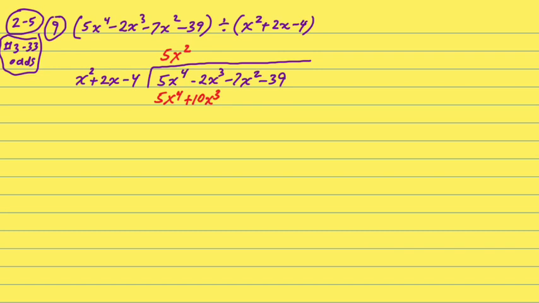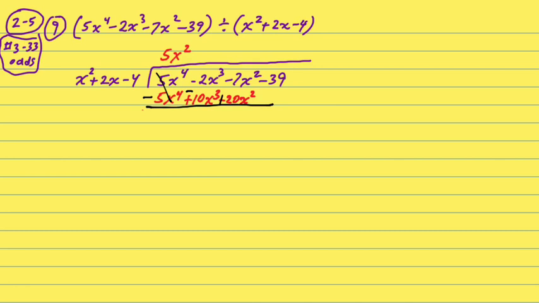Notice I'm lining up like terms. 5x squared times negative 4 is negative 20x squared. In division, at this point, you're supposed to change your signs and add. So change that sign, and change that one.